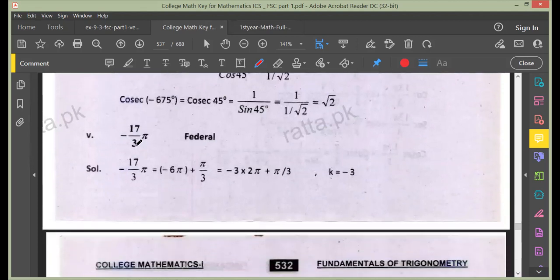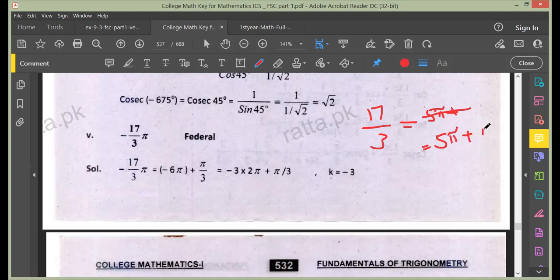This is minus 17 over 3 pi. So you can write it as 17 divided by 3, which will be equal to 5 pi plus 2 pi over 3, or you can write it as minus 6 pi.